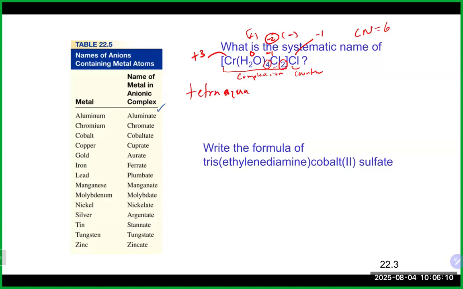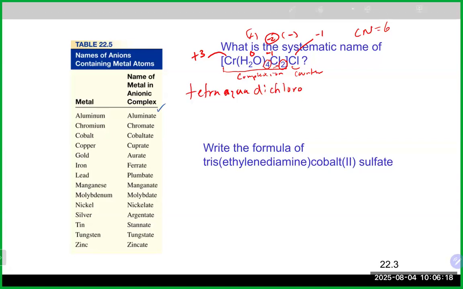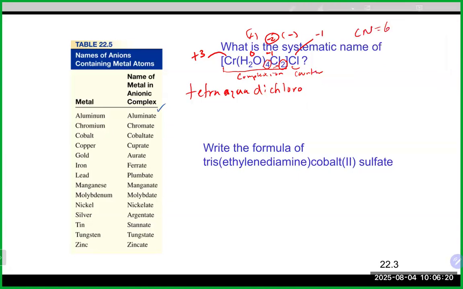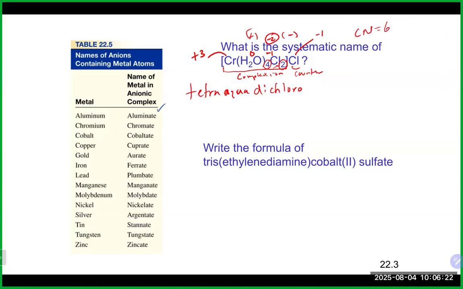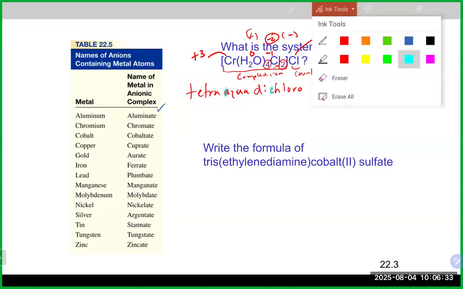We have 2 of the Cl's, so that's going to be dichloro. And again, here we go alphabetical. As I mentioned before, we're not going to be looking at the prefixes here. So when we're going alphabetical, we're comparing the A to the C here. So the A is going to come first in this case. Again, we're not going to look at the prefixes for alphabetical order.